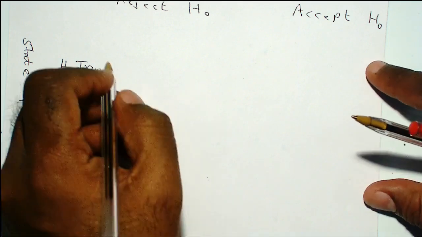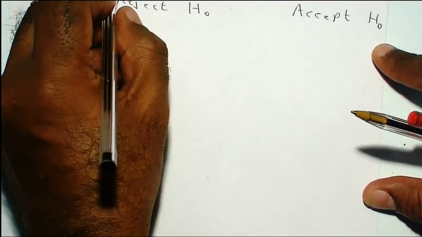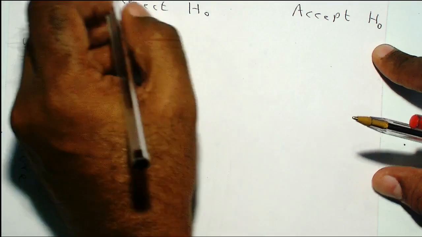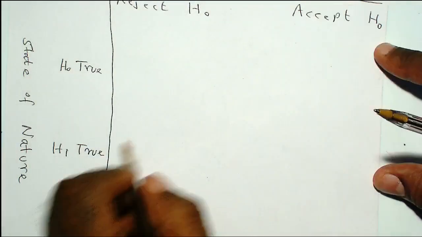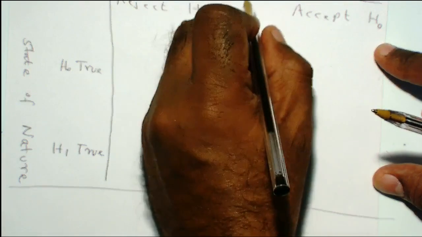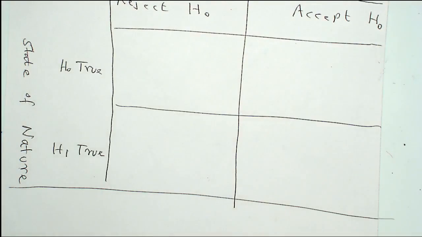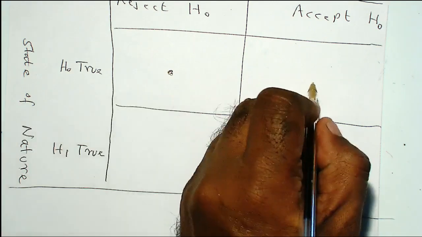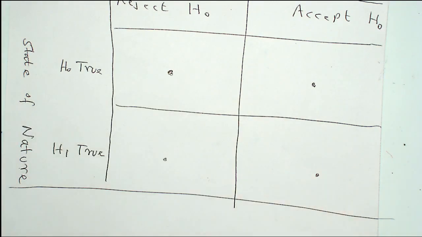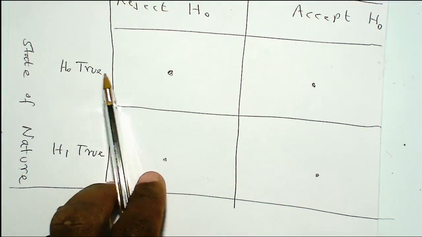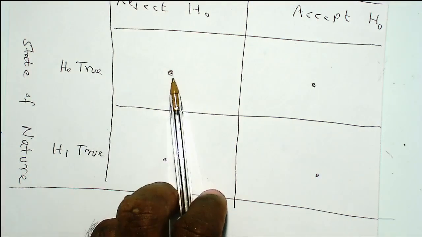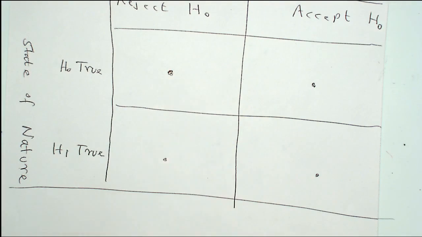So now you have a square, right? You see what I've done? There are four possible outcomes you can have, okay? The first outcome is that H0 is true, but we reject the null hypothesis. Is it the correct thing to do?